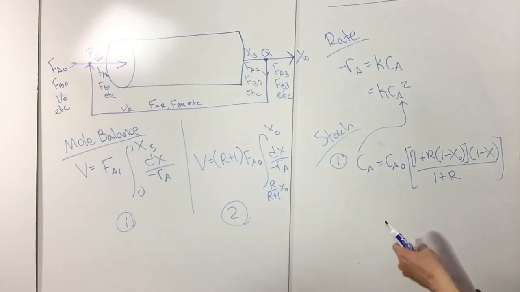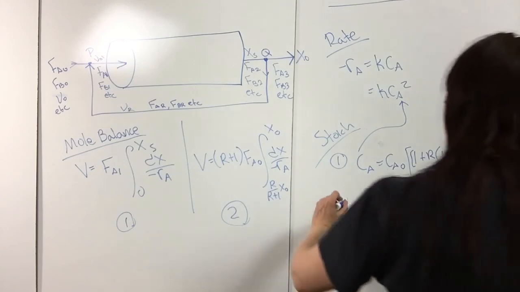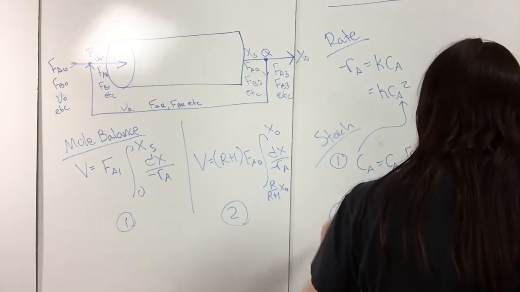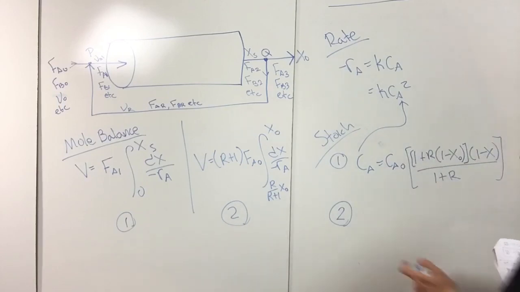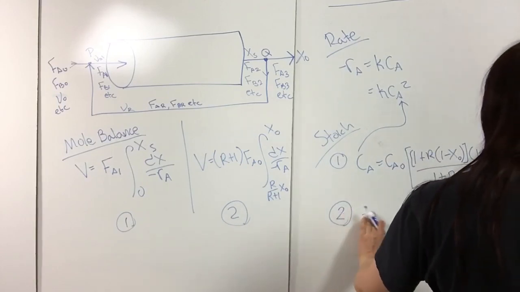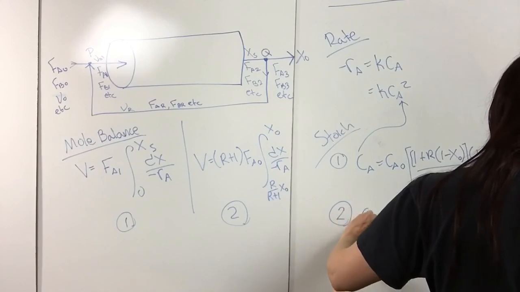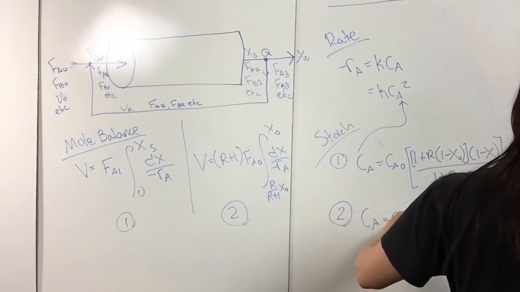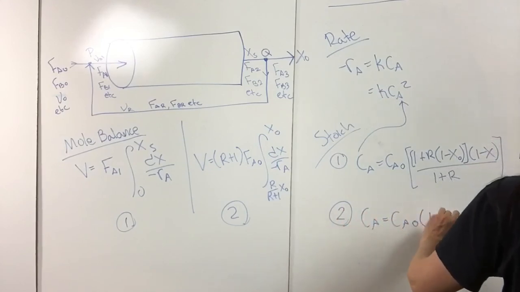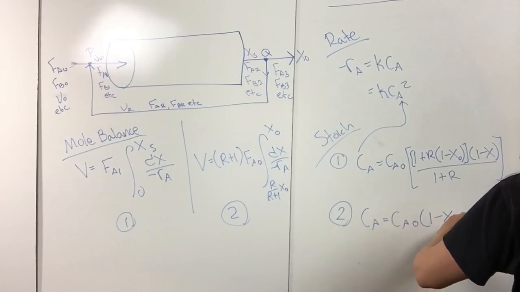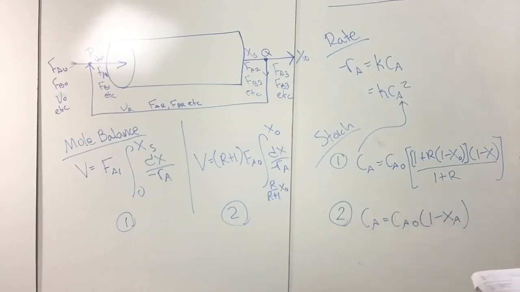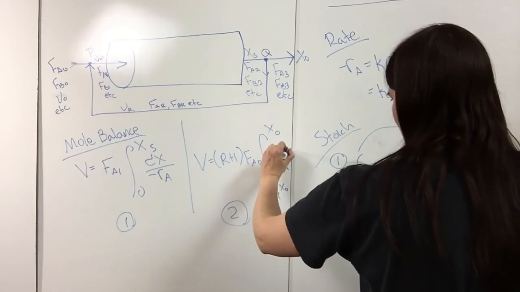But if you were, say, using number 2, then your concentration would be CA is equal to CA naught times 1 minus XA. And this is actually XA.